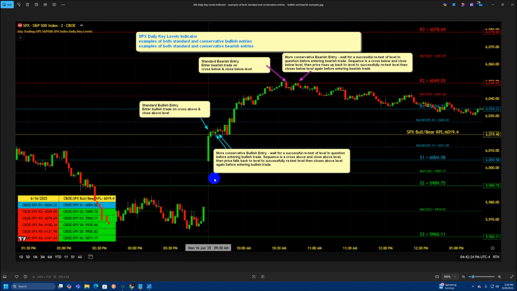Cross above, close above, then retest and close back above, that's your conservative successful retest entry. And then your standard stop loss on an S2 level bullish entry is the first midpoint level below S2, which is mid S2, S3, and then your tight stop loss level on a bullish trade taken from the S2 level is your midpoint, the QL below S2.